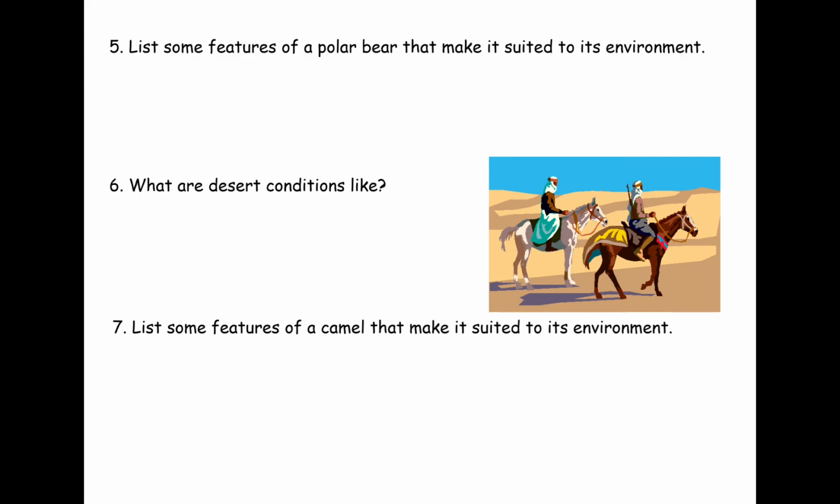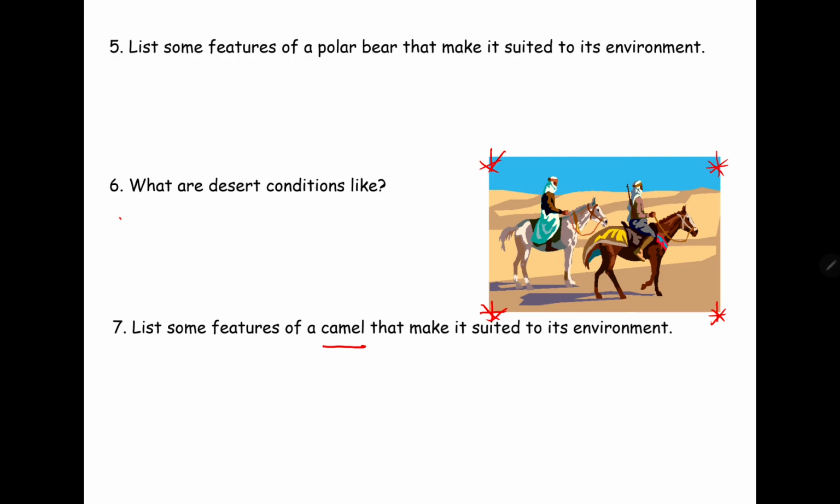Question 6, what are desert conditions like? Okay, so we've got another example of a different environment. How is it different to the polar conditions? What are certain traits of the desert? And number 7, what features would a camel have to help it survive in that environment? So I'll give you one example.